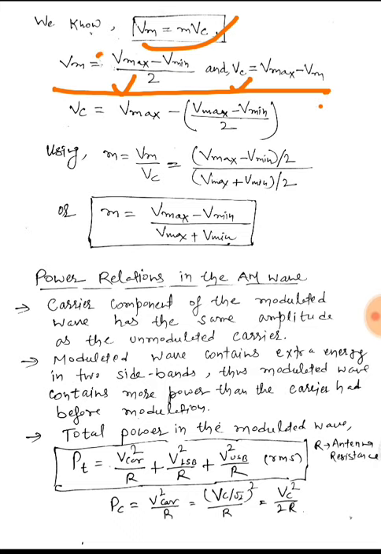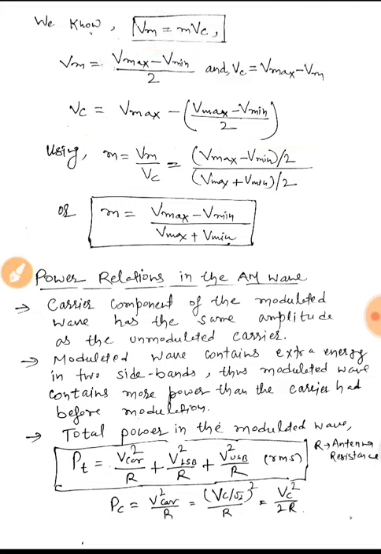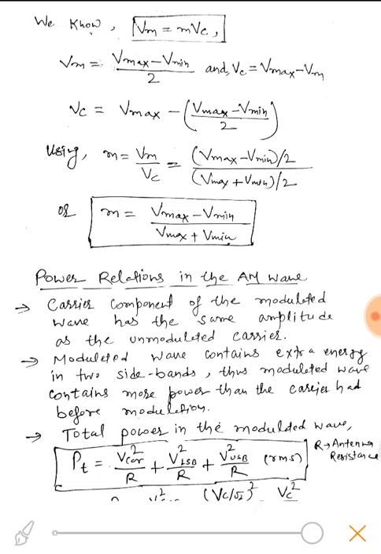So putting this value of Vm in this, we get Vc is equal to Vmax plus Vmin by 2. So using these two equations we can calculate the modulation index, which comes out to be this, that is Vm upon Vc.